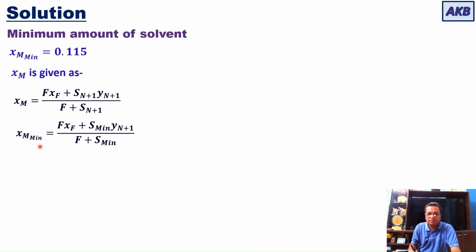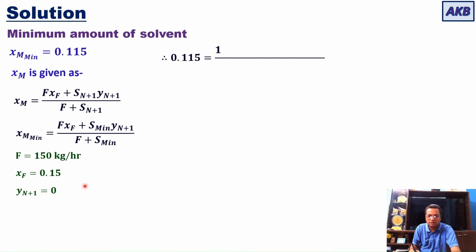So XM minimum is equal to F XF plus S minimum into yn plus 1 divided by F plus S minimum. F is known to us, F is 150 kg per hour, XF is 0.15 and yn plus 1 is 0.